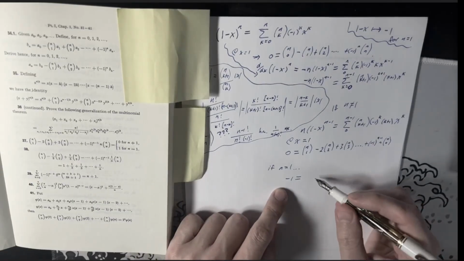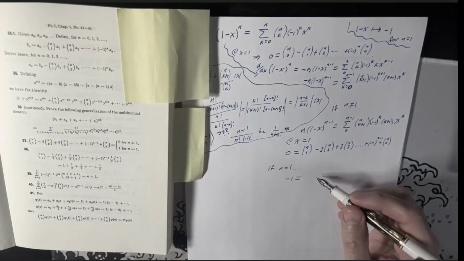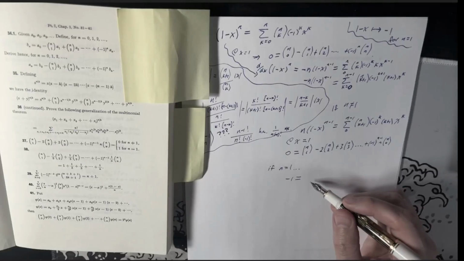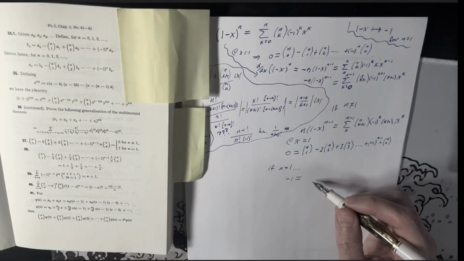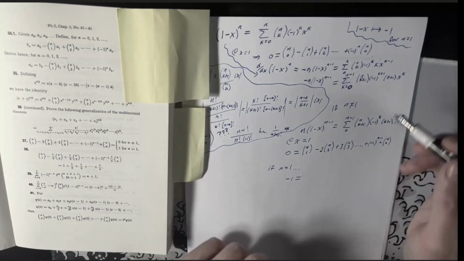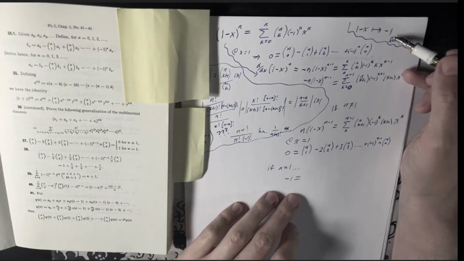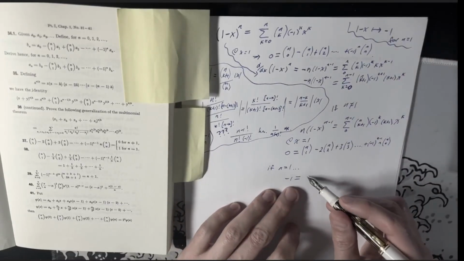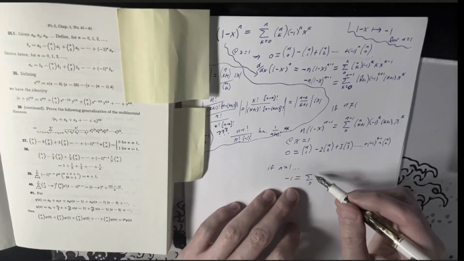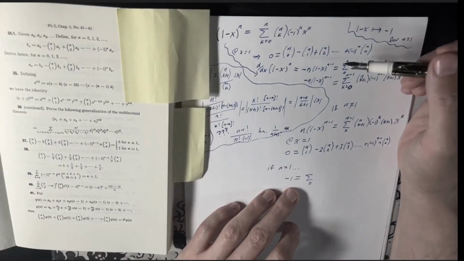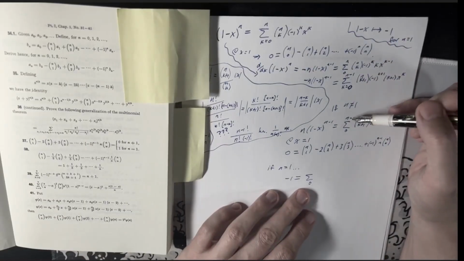And on the right we have, actually this is true no matter what x is, right? On the right we'd still have like 0 to n. Well, I took a derivative, so I guess it's n minus 1 now.